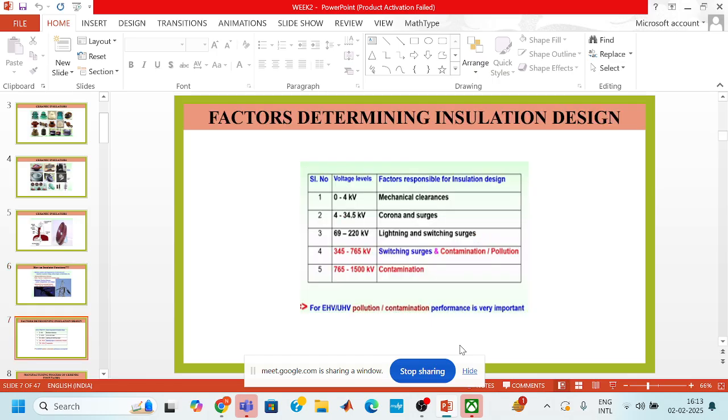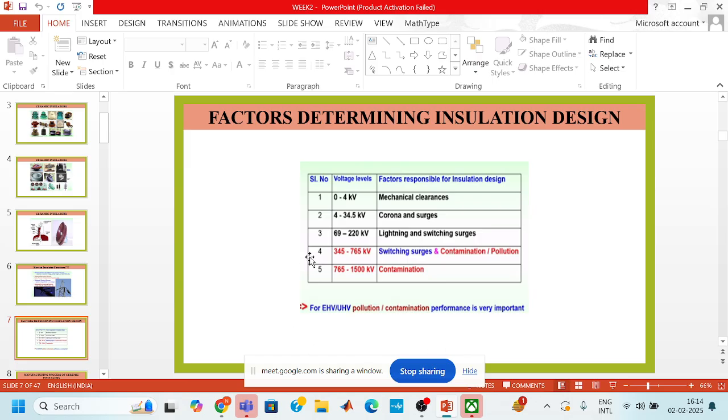There are some factors on which the voltage level depends. Depending upon these voltage levels, the factors responsible for insulation design are as follows. For voltage levels up to 4 kilovolt, the main factor is mechanical clearance. From 4 to 34.5 kilovolt, the main factors are corona and surges.